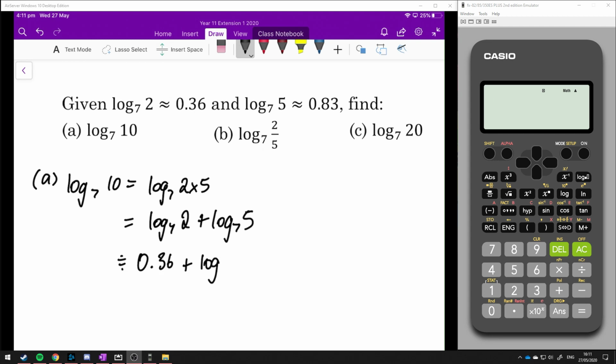Plus log 7 of 5, which is approximately equal to 0.83. Okay, so then this is approximately equal to 1.19. So log 7 of 10 is approximately equal to 1.19.